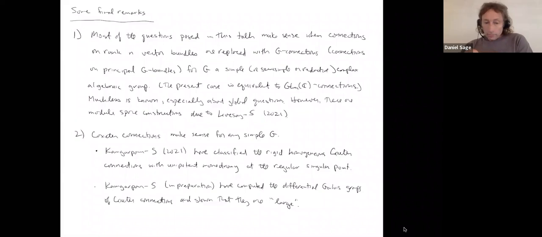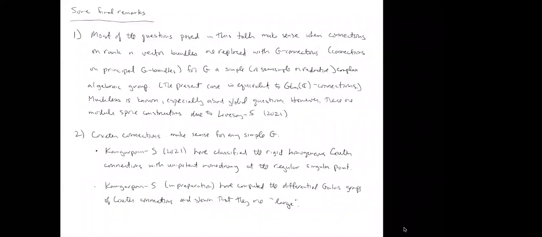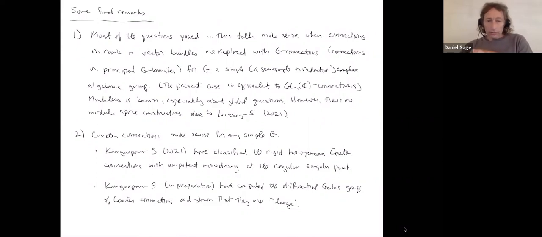So I'm not avoiding the general question for philosophical reasons. I'm doing it for practical reasons, and because the original Deligne-Simpson problem is also this restricted version of the general problem, even in the regular singular case.